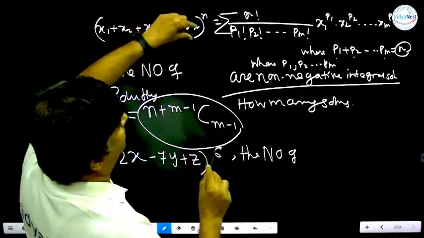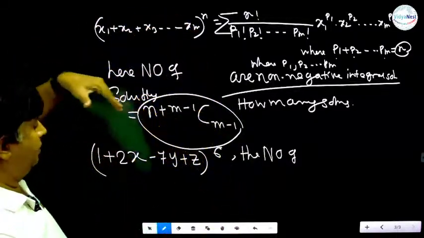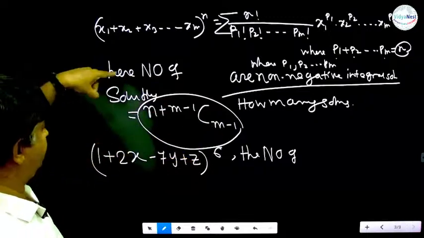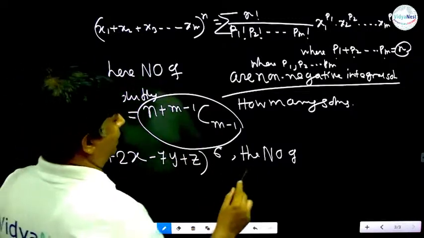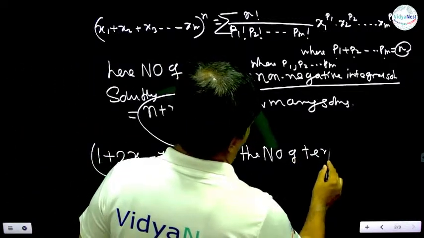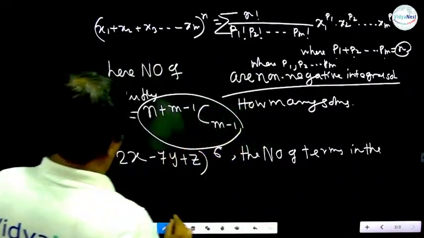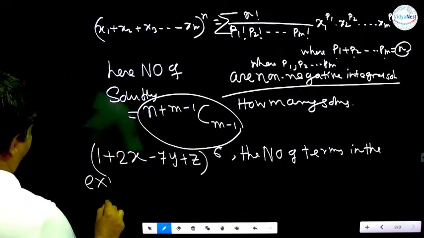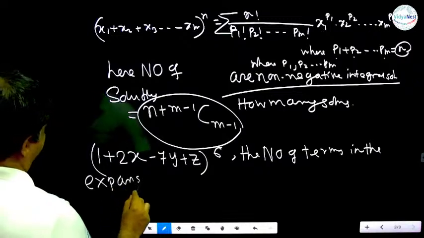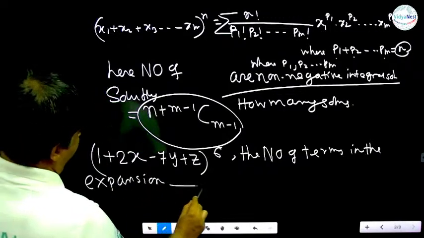Looking at a glance, we can say m, but the question is the total number of terms in the expansion.